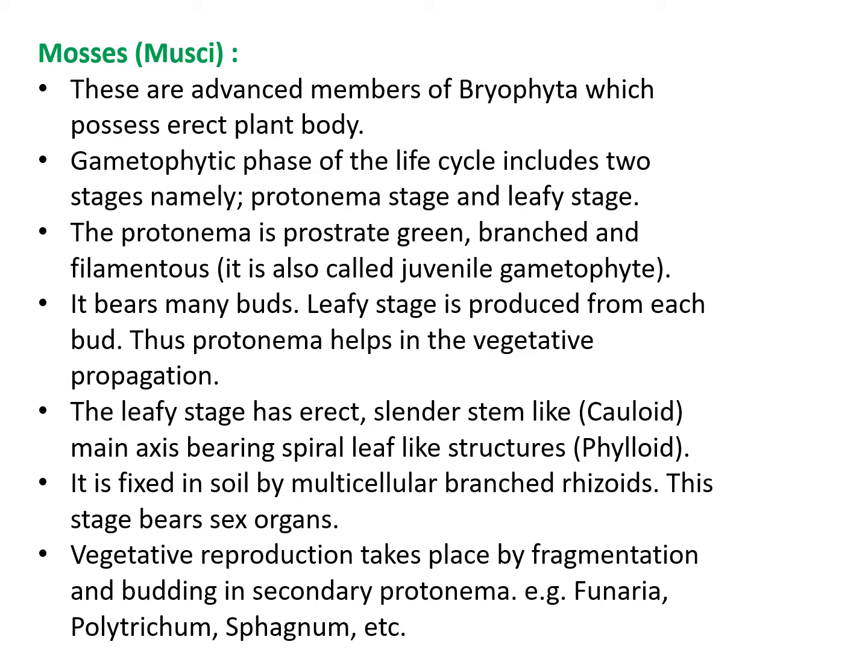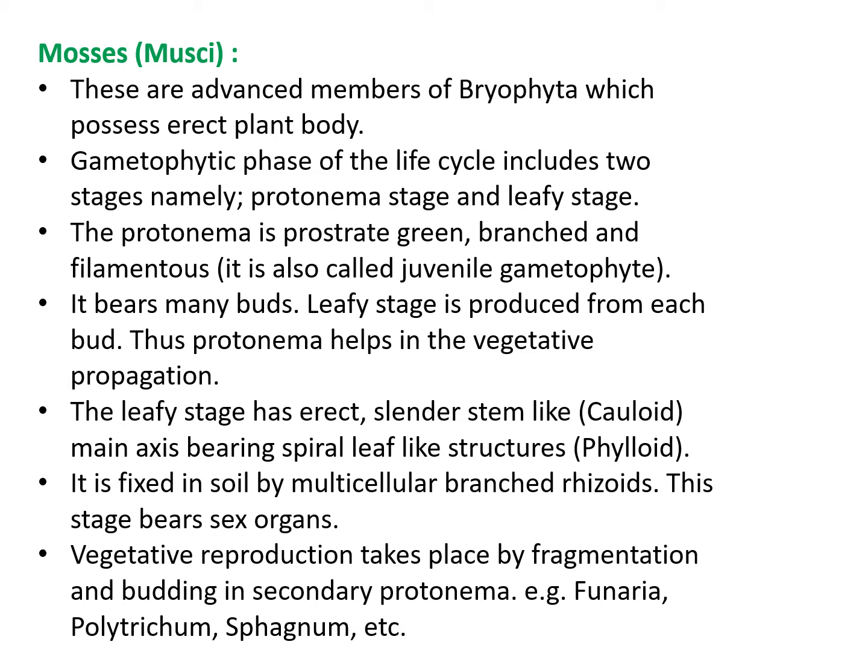Mosses are also called Musci. These are advanced members of Bryophyta which possess an erect plant body. The gametophytic phase of the life cycle includes two stages, namely the protonema stage and the leafy stage.